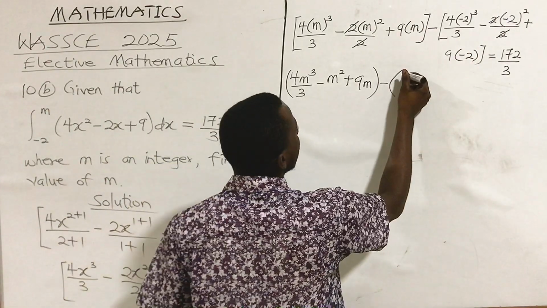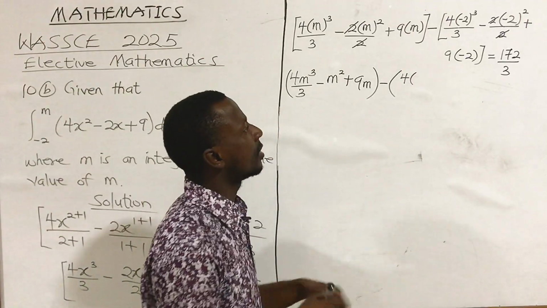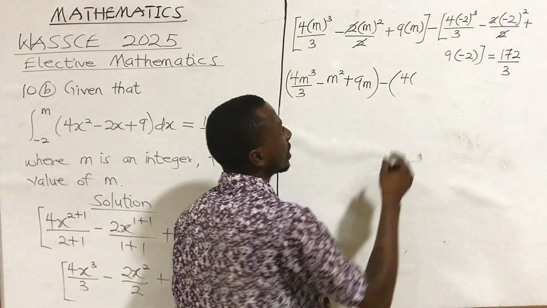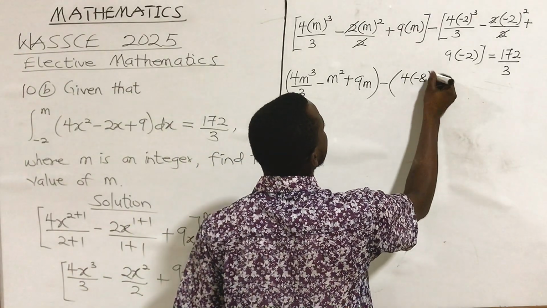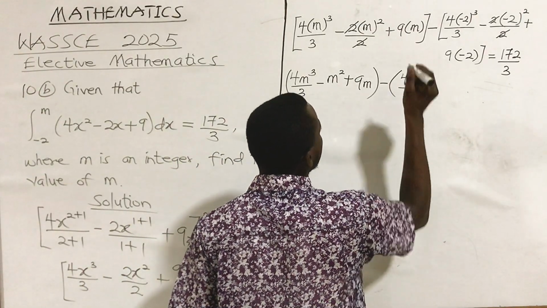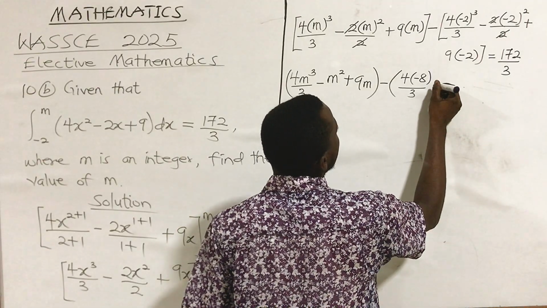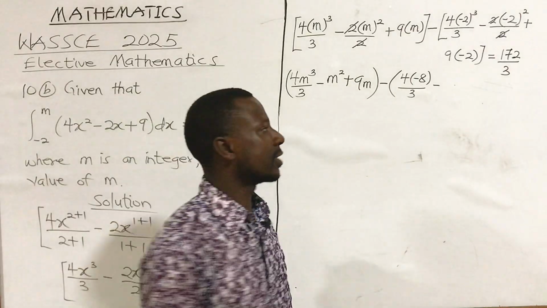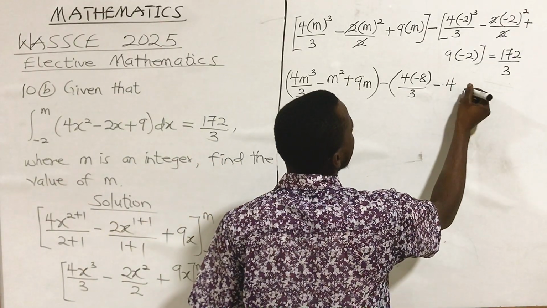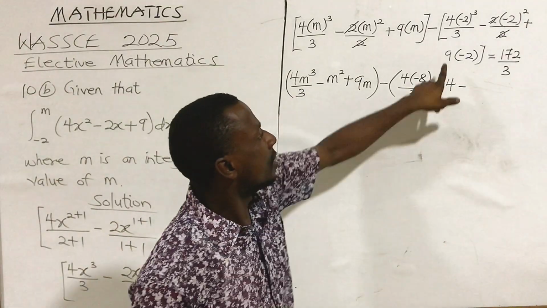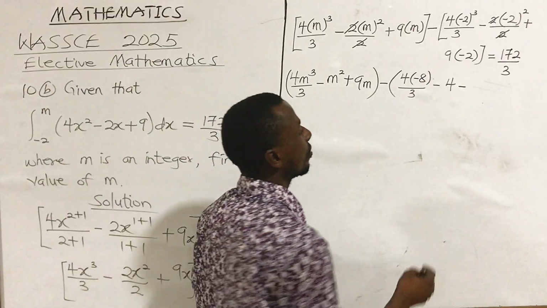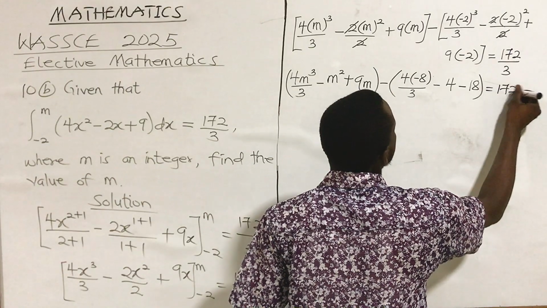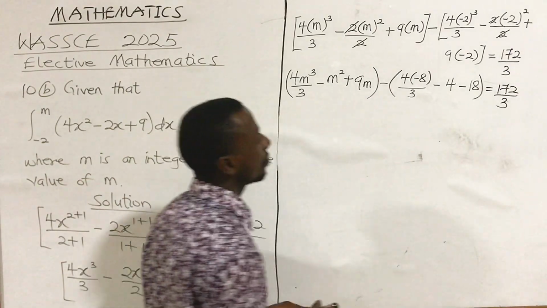Here, 4 multiplying negative 2 cubed will give us negative 8, all over 3, minus negative 2 all squared, which is positive 4, minus 9 times negative 2, which is negative 18, which is still equal to 172 all over 3.